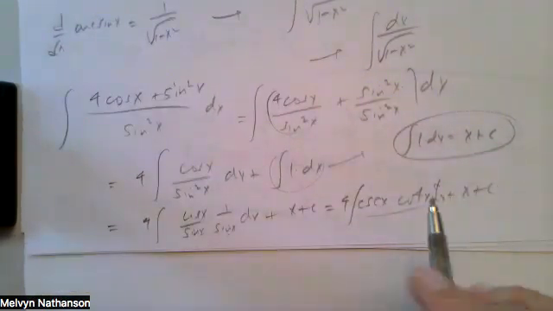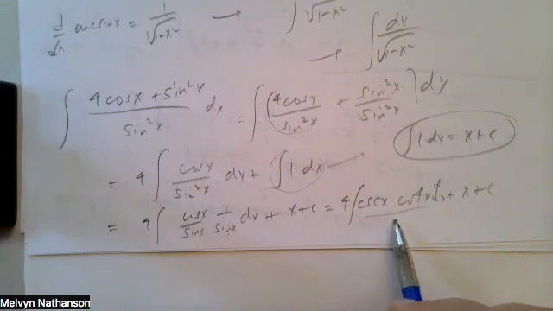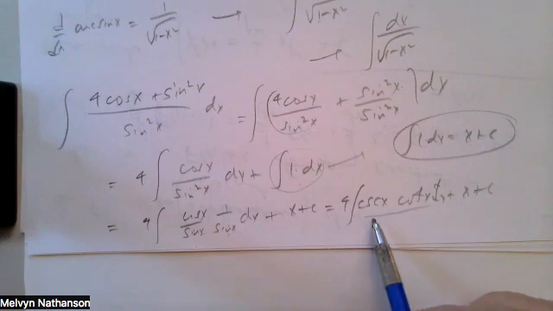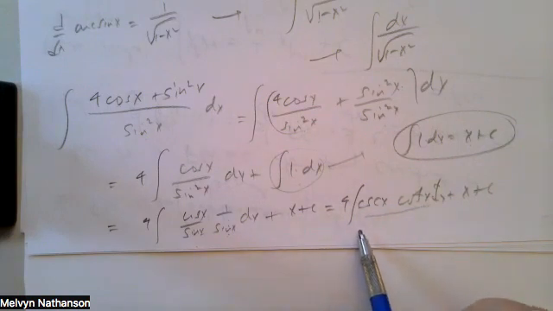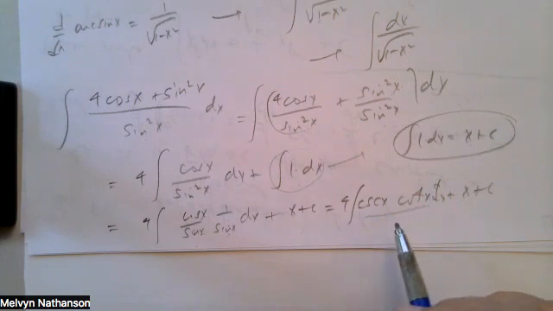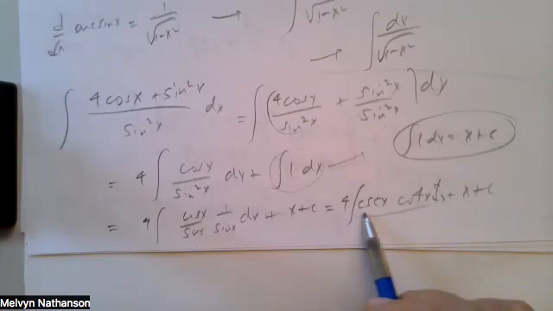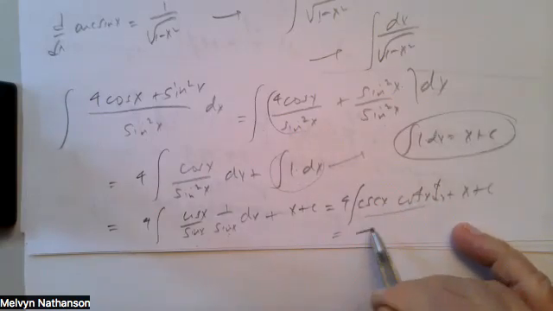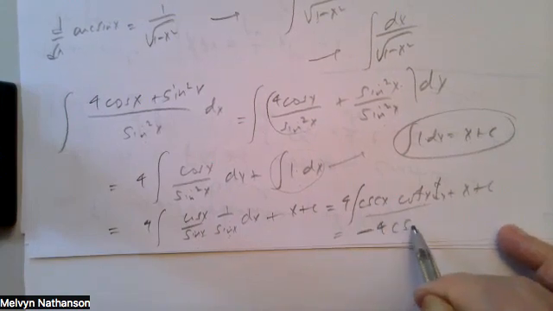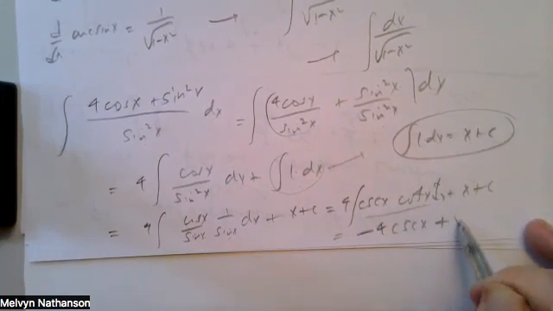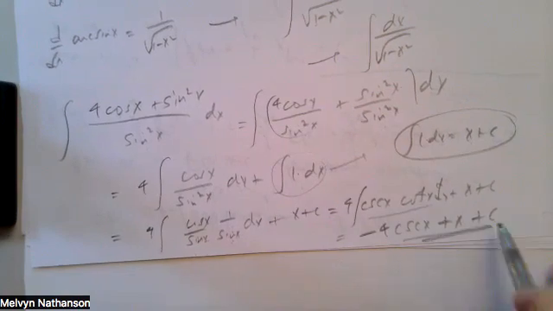Now, you really have to know your differentiation formulas. The derivative of the secant is secant x tangent x. The derivative of the cosecant is minus cosecant x cotangent x. So the antiderivative of cosecant x cotangent x is minus the cosecant of x plus c.